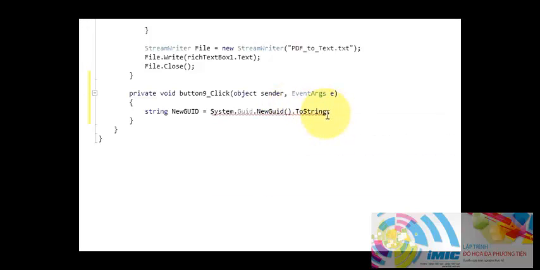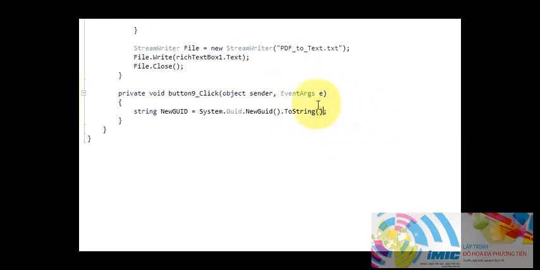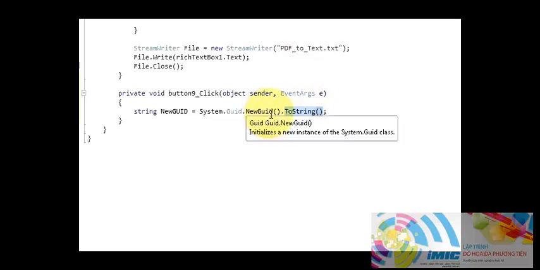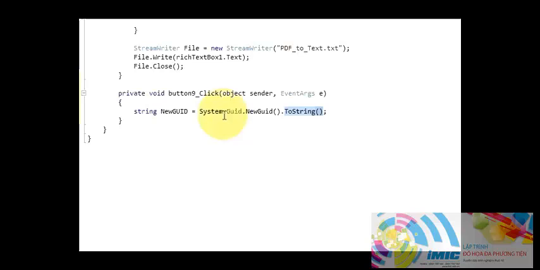Because your GUID is represented in hexadecimal, I am converting my GUID into a string with this code. So .ToString() converts it into the string which I want to show, and now I want to show this GUID every time I click this button.